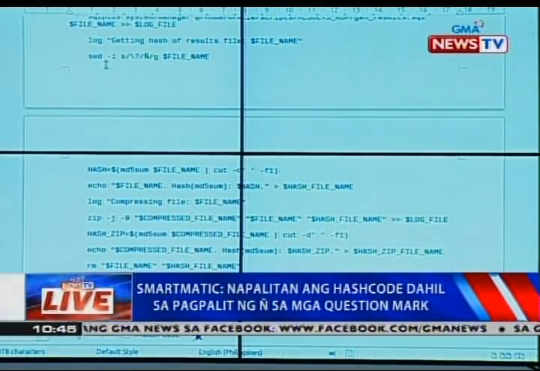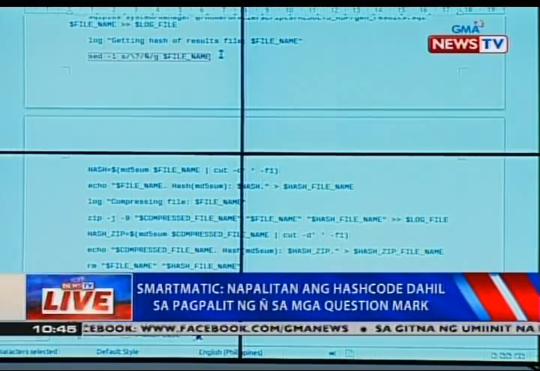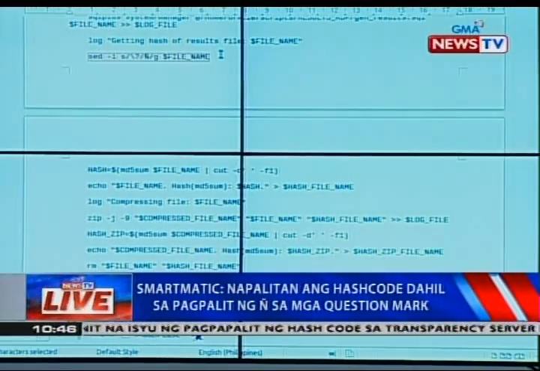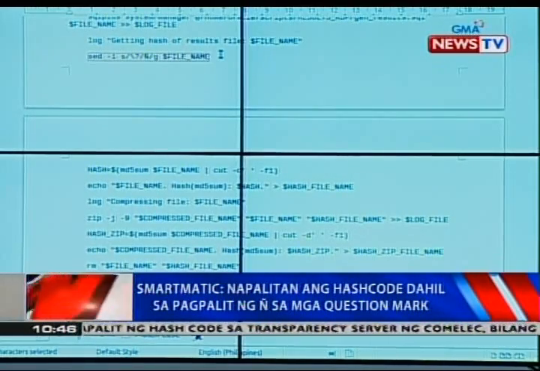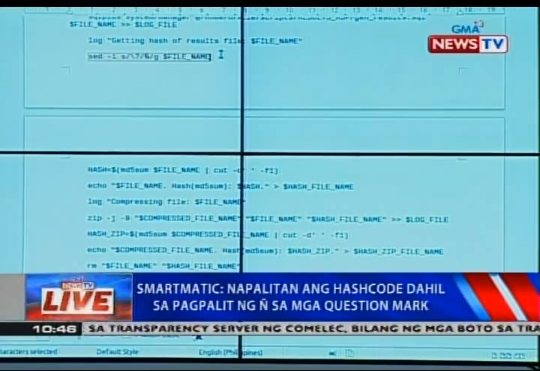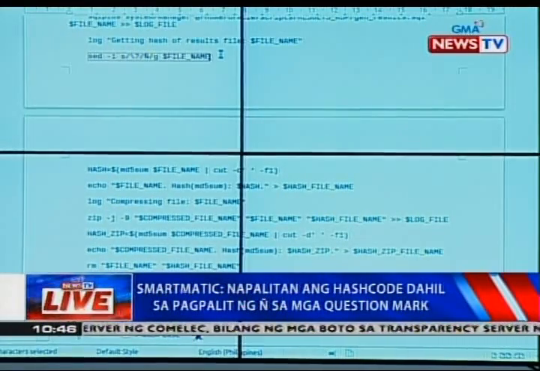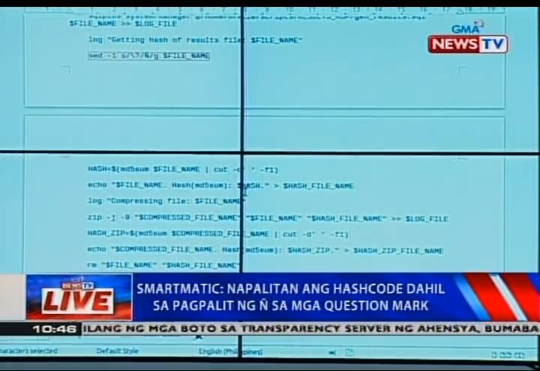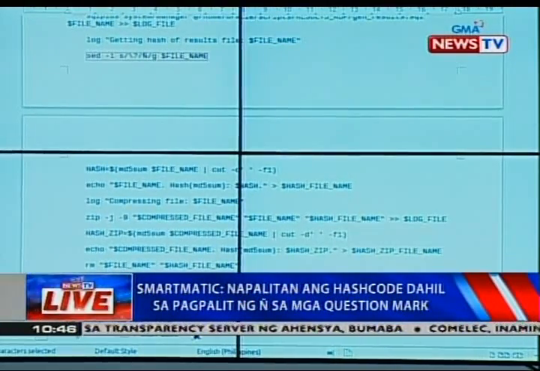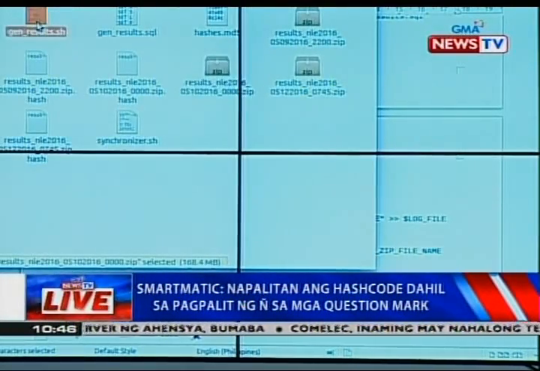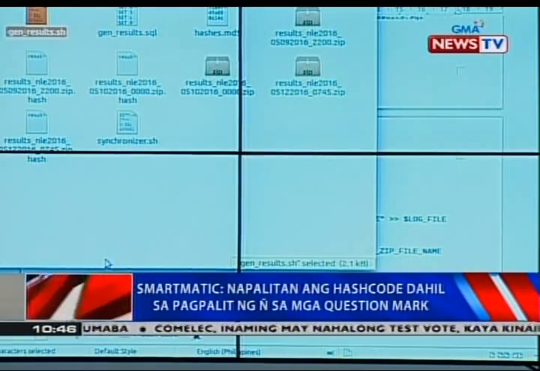The only command was this one. So I invite anybody to just Google it. You will see that this functionality only does the replacement of the question mark with the ñ, and that is all that happened, okay? The script is very small. It's only a couple of kilobytes, 2.1 kilobytes.